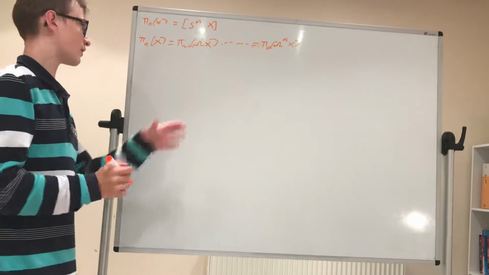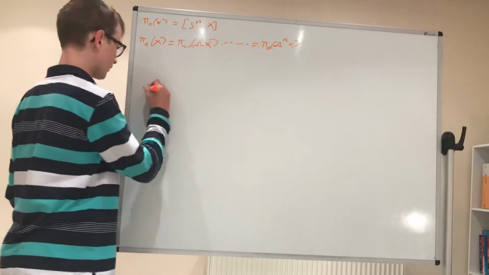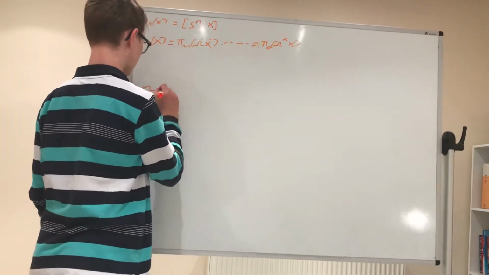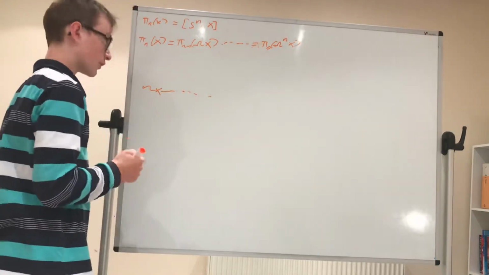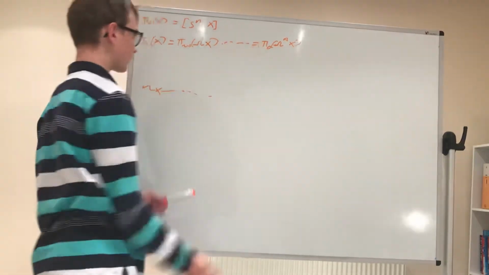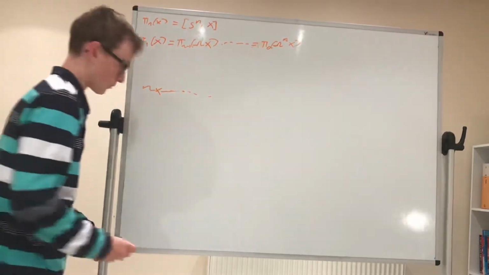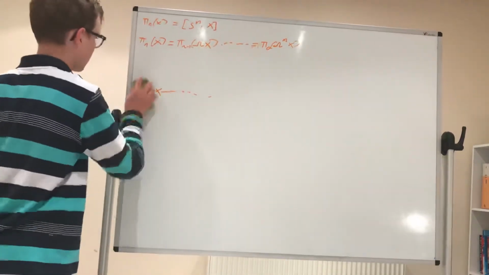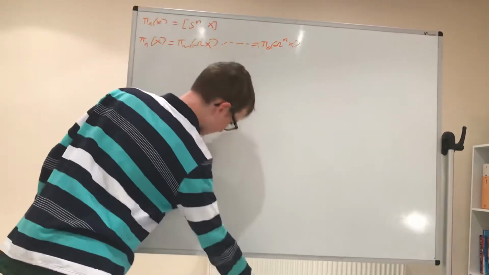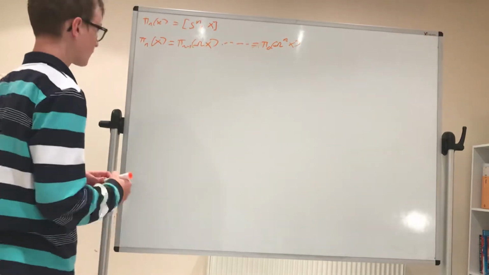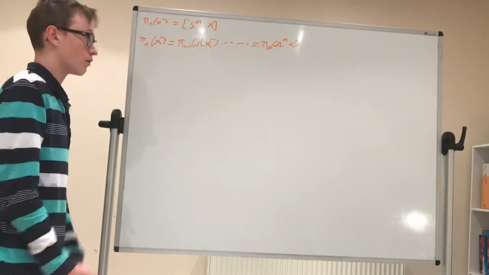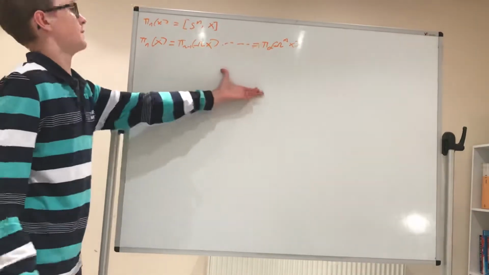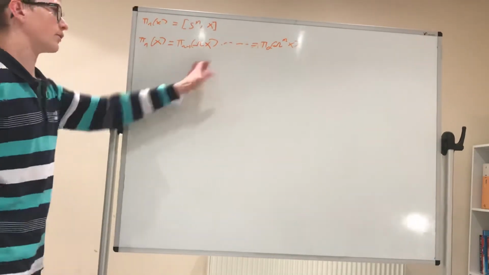Using this fact, say for example we have a sequence of loop spaces, then we just apply the functor pi 0 and we get an exact sequence of homotopy groups, which is a common theme, as you'll see. This is a quite elementary property, and again, useful.